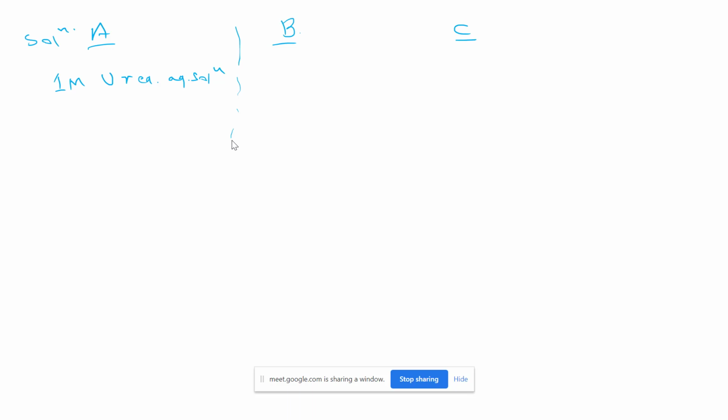Solution B is 1 molar NaCl aqueous solution, and solution C is 1 molar acetic acid aqueous solution. Do remember acetic acid is a weak electrolyte, and NaCl is a strong electrolyte.